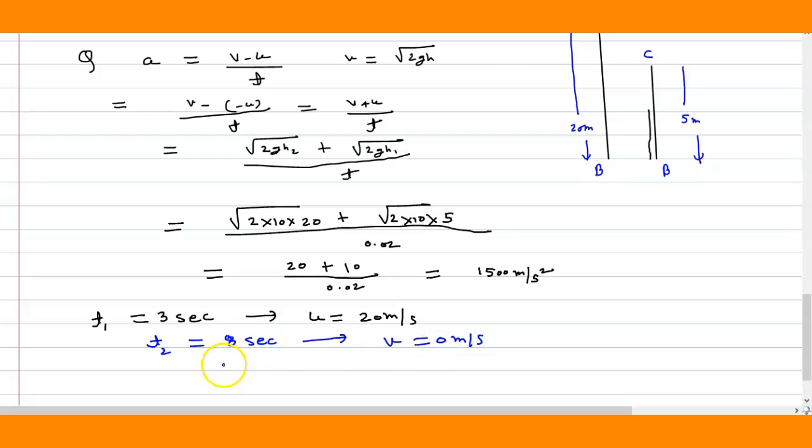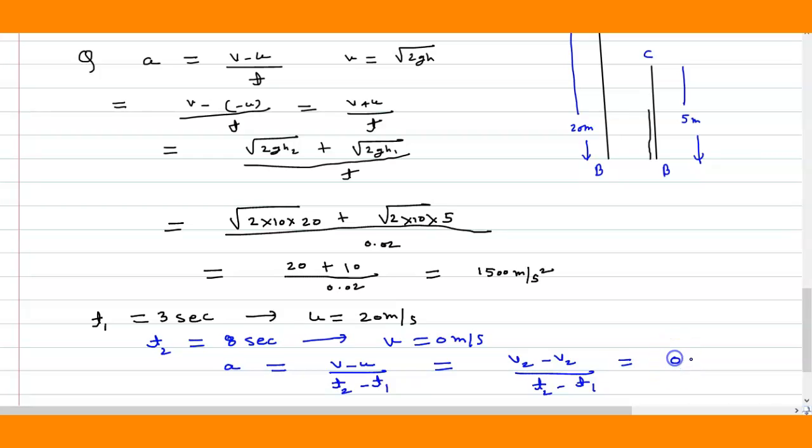Then we want to calculate the average acceleration. We know that average acceleration A is equal to (V2 minus V1) divided by (T2 minus T1). This is the formula.